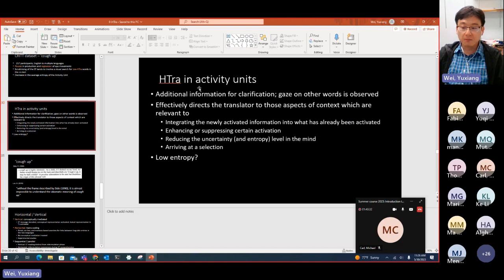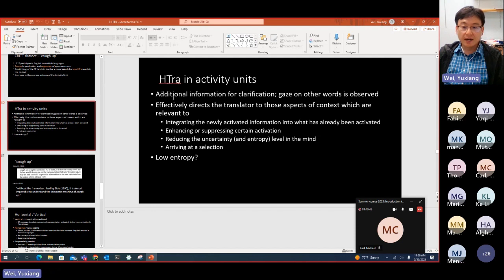To resolve the problem from a high entropy item, the translator needs additional information for clarification or disambiguation, and therefore it is not surprising that we observe gaze on other words in the co-text. Right?